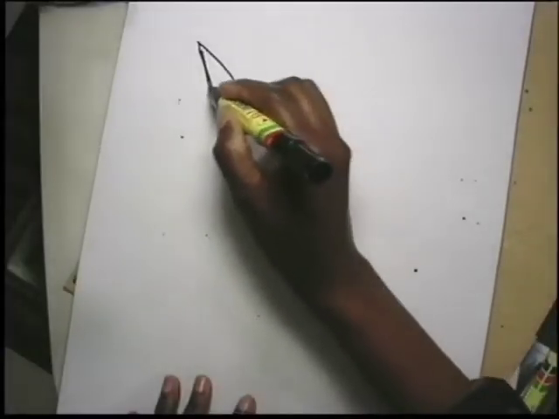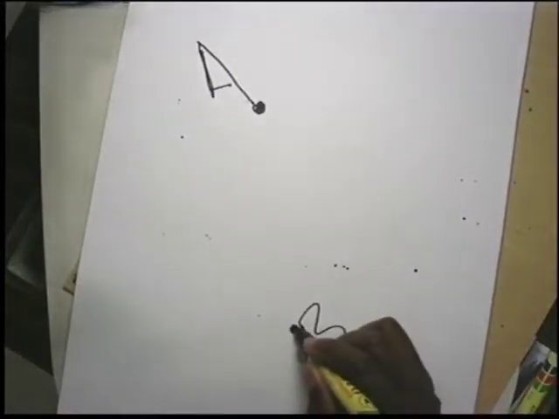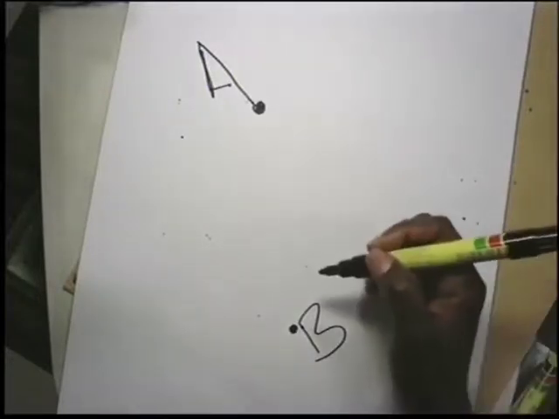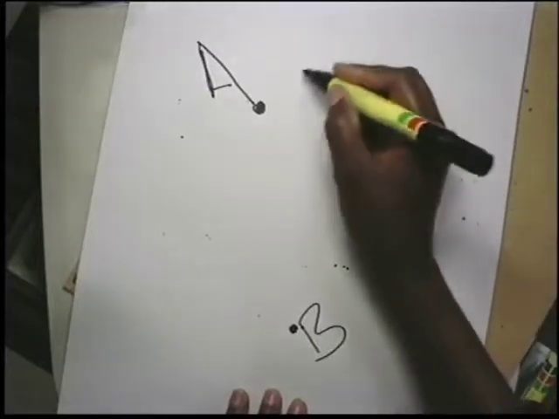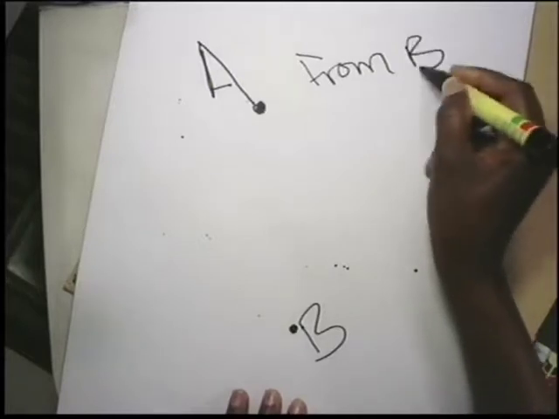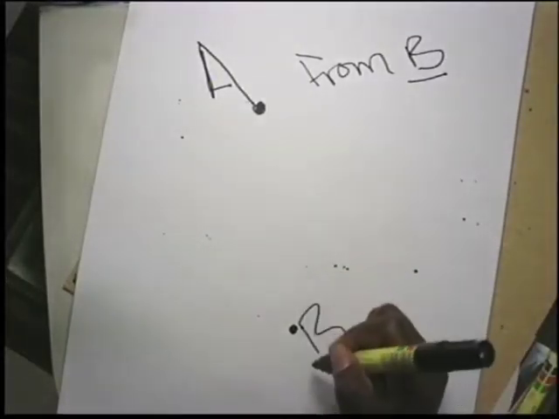For example, if you have point A here, and point B here, and then we ask you the direction of A from B. Direction of A from B. It means that your four main directions will be here.